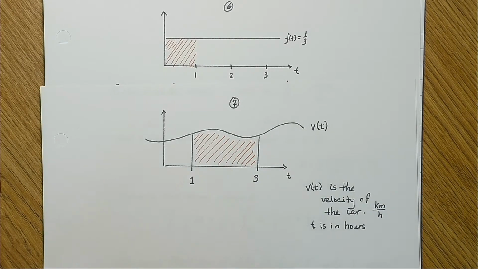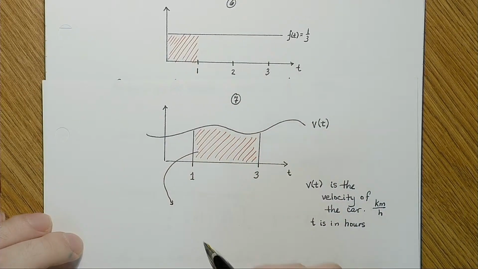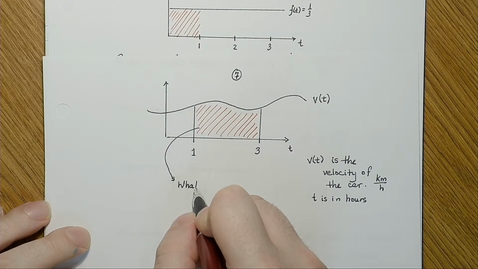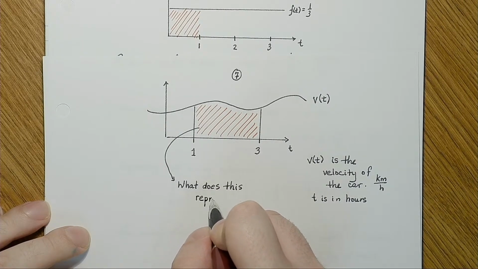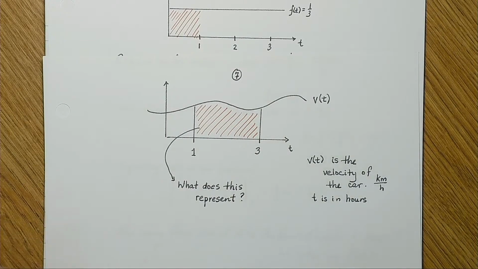What does this mean then? What does this represent? I mean, mathematically, this is over here.